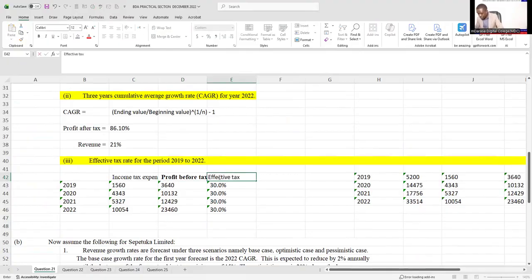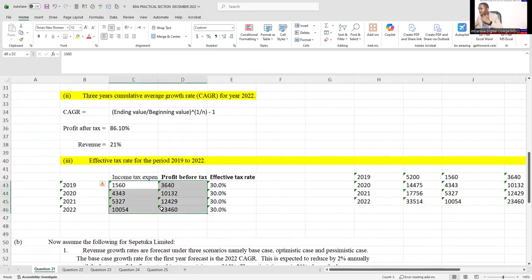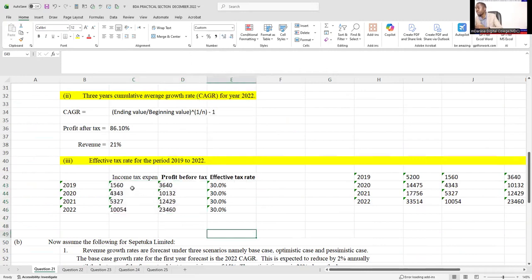Effective tax rate, see? So you're done with that part. You go to the next element. Of course, these ones could be in values. Can have the values in here.